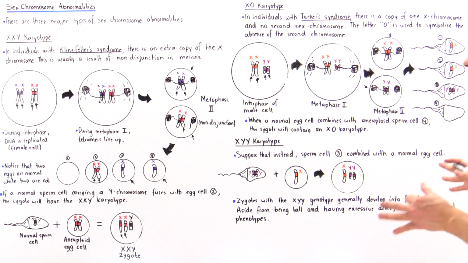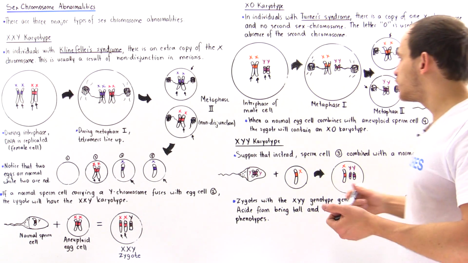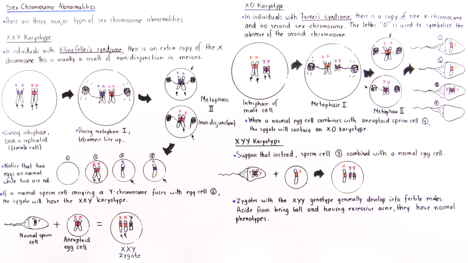Now once again, let's assume that non-disjunction took place during the second phase of meiosis. So we have metaphase 2. Now this cell divides normally, and so the fibers are able to attach to each one of these sister chromatids, so this one and this one.